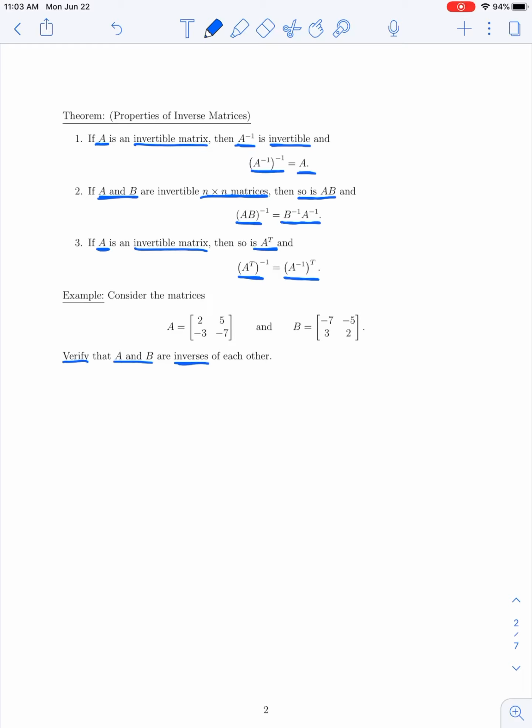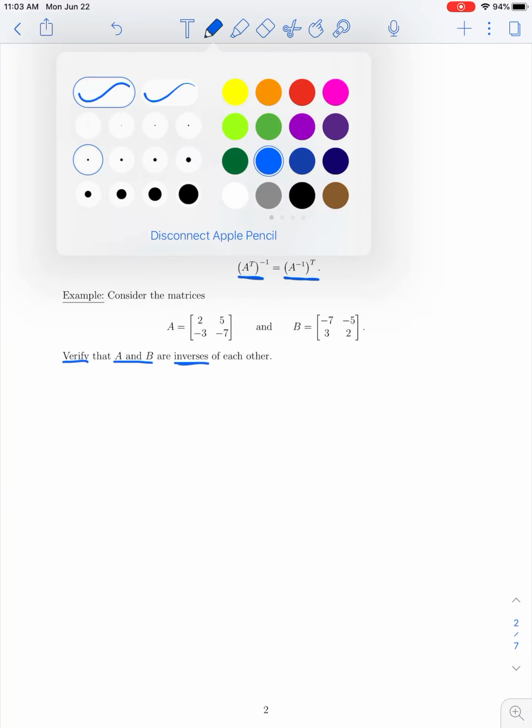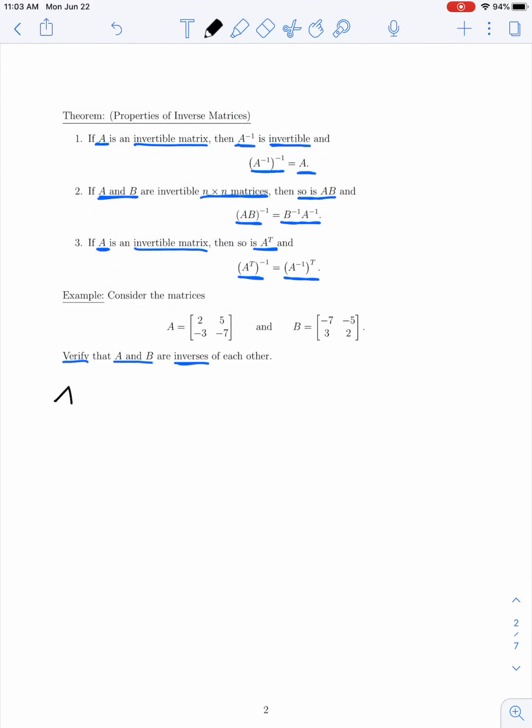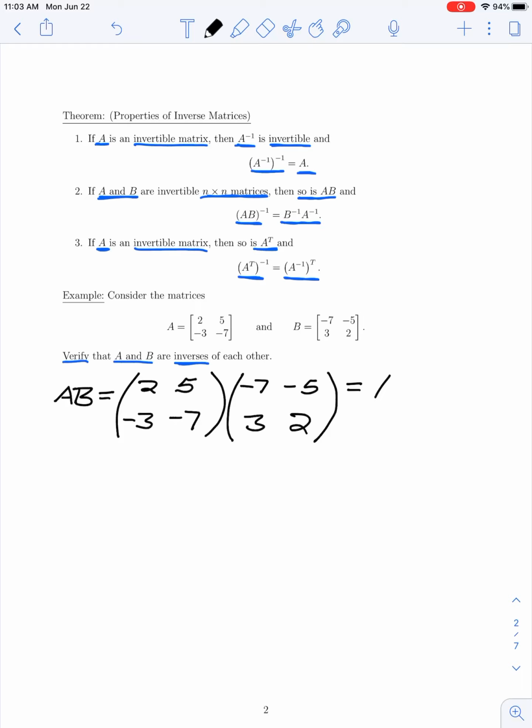To verify the two matrices are inverses, we need to take their products and make sure that we get back the identity matrix. So let's start here by considering A times B. Here A is 2, 5, -3, -7, and B was -7, -5, 3, 2. For the product of two 2 by 2 matrices, we get back a 2 by 2 matrix.